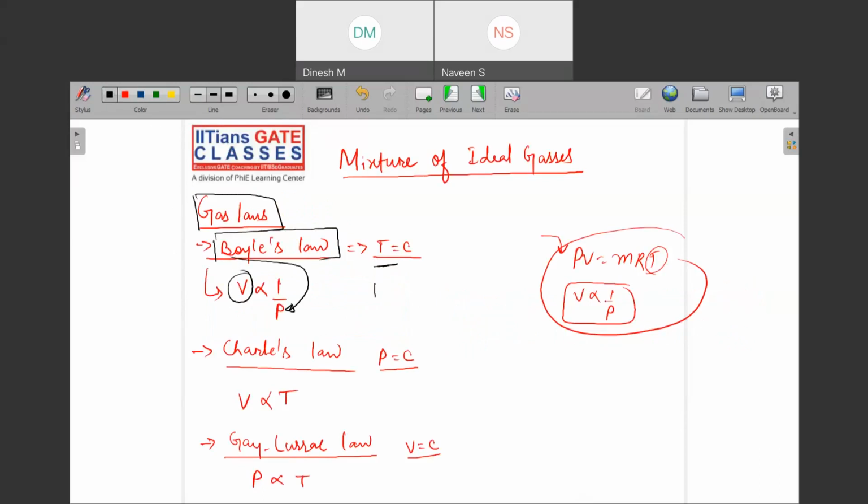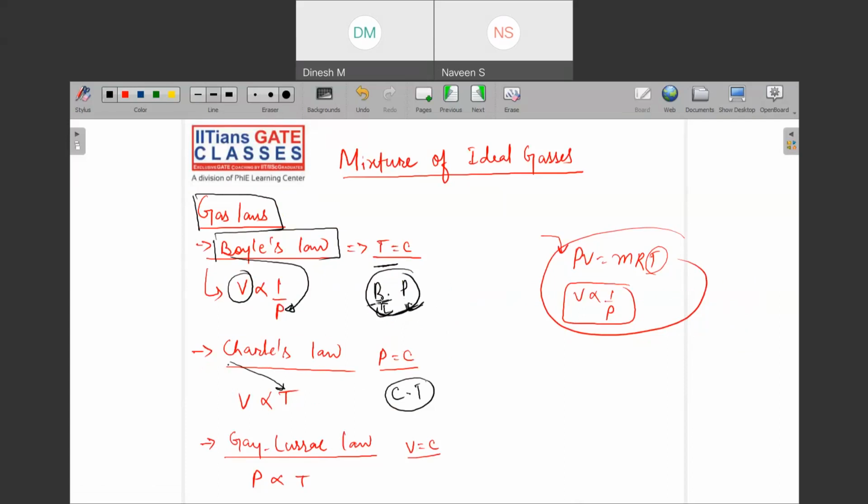So in short, we can remember that BP means blood pressure. Then Charles' law relates volume with whom? T. So CT and BP, like CT scan and BP, we can relate that.